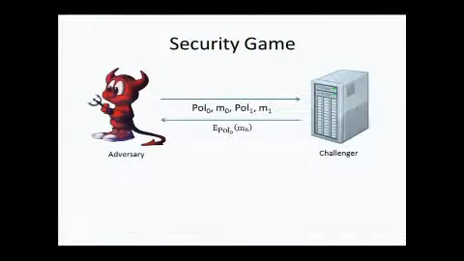And then at any point in this sequence of queries, he can choose a pair of policies and a pair of corresponding messages. And the challenger will flip a coin and encrypt one of those messages using one of those policies, and send the resulting ciphertext back. Let's assume the messages are the same length, so we don't have to get into that can of worms.